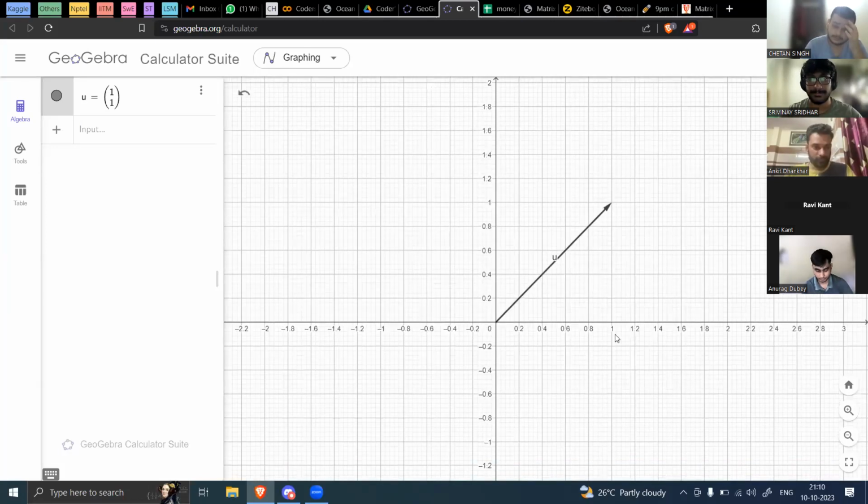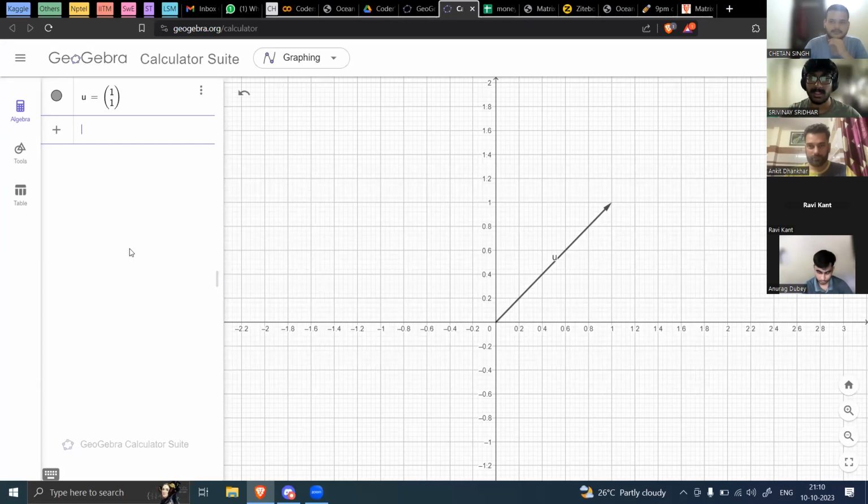Now we want to find all points that are perpendicular to this vector. Let me think of a point that is perpendicular. I can think of, say, (-1, 1).